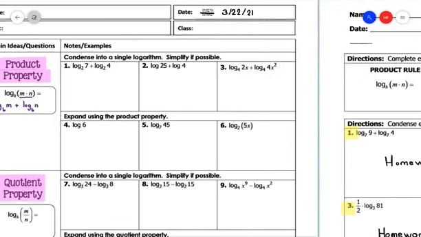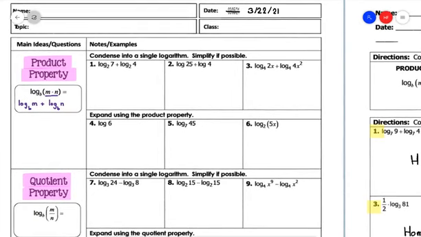On all of our examples, we're either condensing or expanding, and in this first section it says condense, so on 1 through 3 we're going to be condensing them. So we see log base 2 of 7 plus log base 2 of 4. They do have to have the same base in order for this to work. So we see that in the property they both have to be log base b.